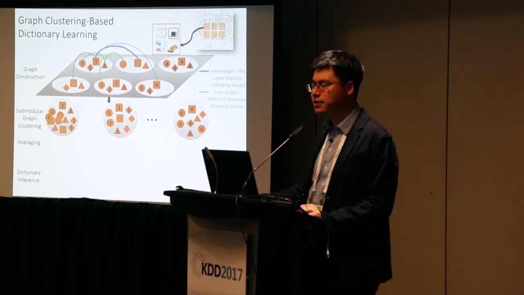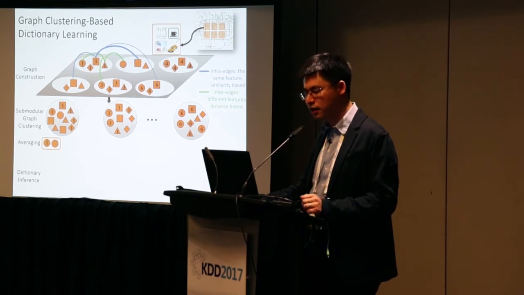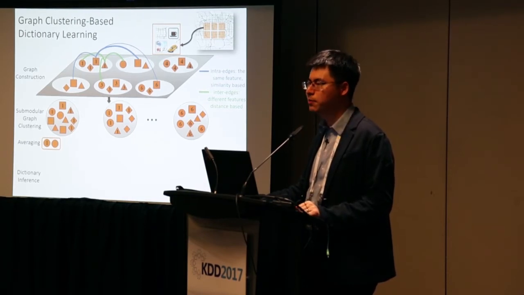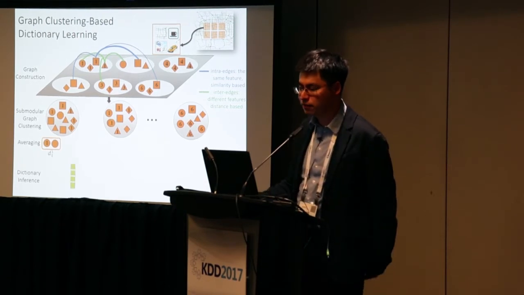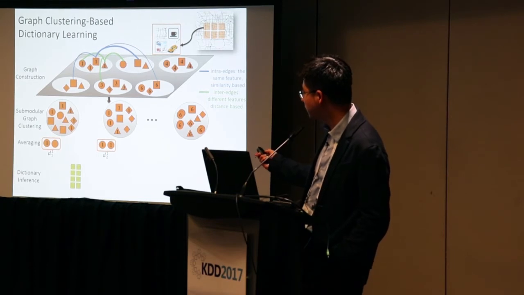Then after learning with the constraint, this is a submodular graph clustering algorithm. Now we can use some approximate clustering algorithm to achieve some clustering result. Then based on cluster, we can build a dictionary for each type of data set.